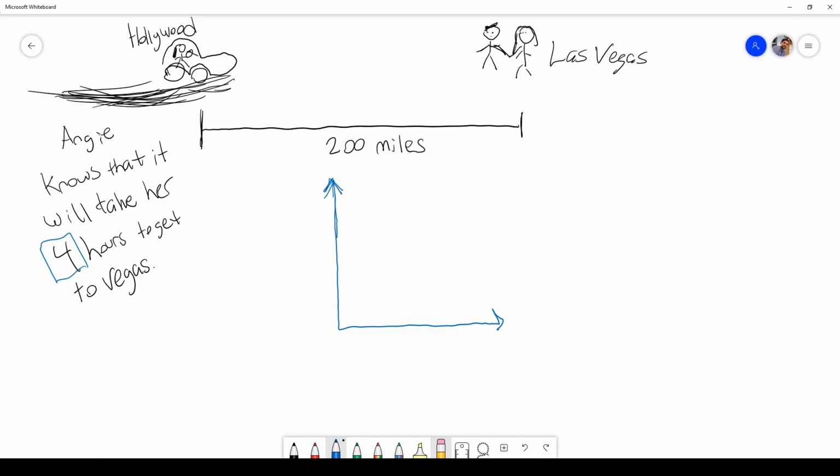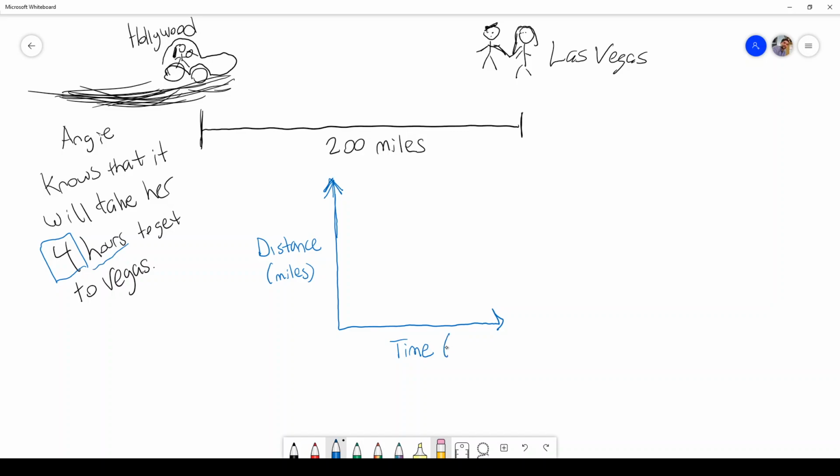Okay. And I'm going to put distance here. I'm going to put time here, because that's what we have. We have a distance of 200 miles, so it's in miles. And the time is in hours.